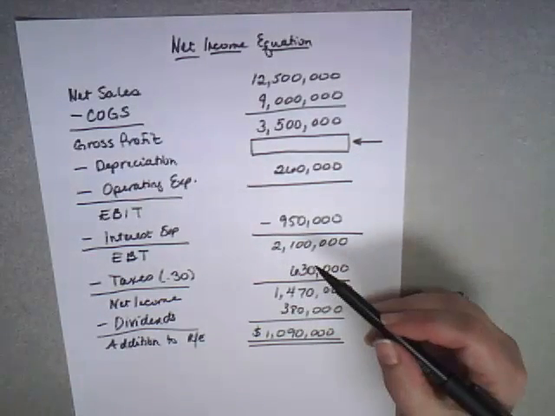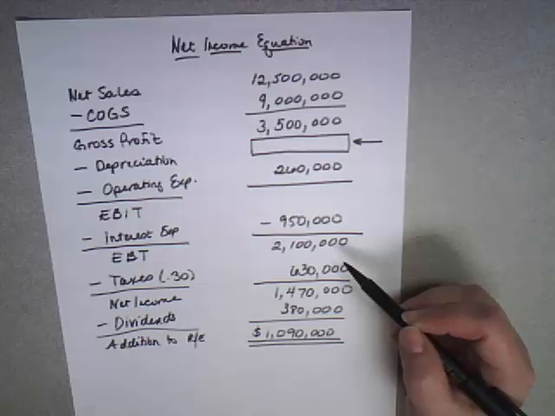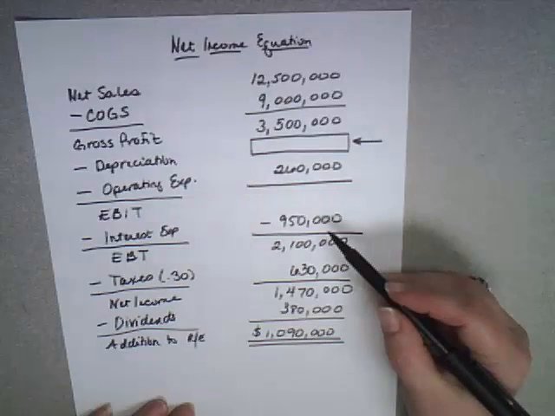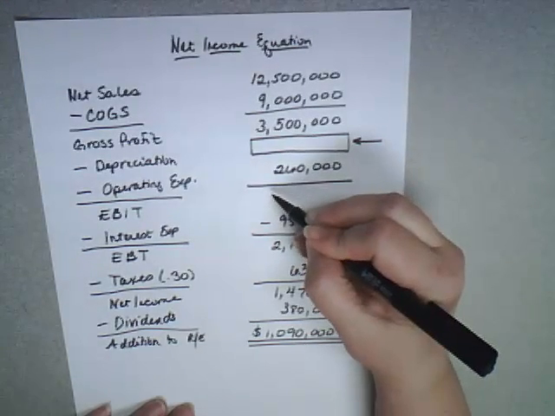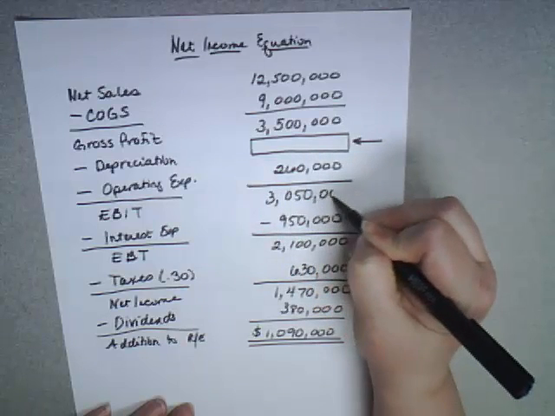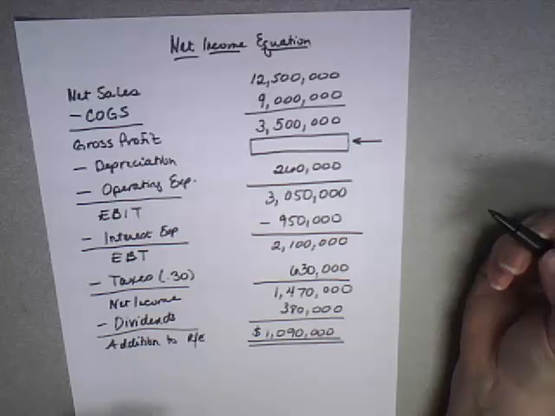So with this $2,100,000, I can now add back in the $950,000, which is going to take me right here to the earnings before interest and taxes, which is $3,050,000. Okay.